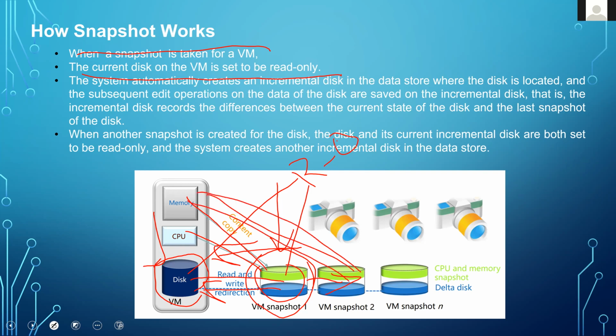And the same for other snapshots. Whenever you create a snapshot, the previous disk goes to read-only mode, the new delta disk is created, and all your data is redirected to the new delta disk. In this way, you can create multiple snapshots.